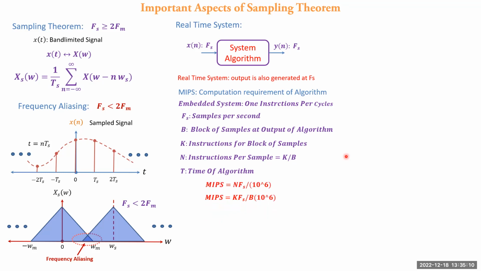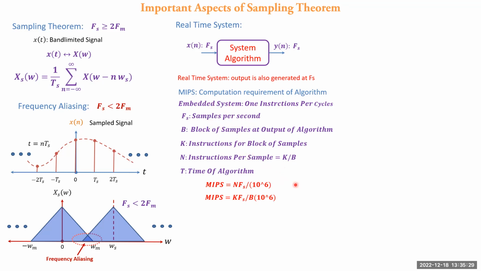And then MIPS is defined as million instructions per second, which is equal to n into fs, where n is instructions per sample multiplied by the sampling frequency, which is samples per second.